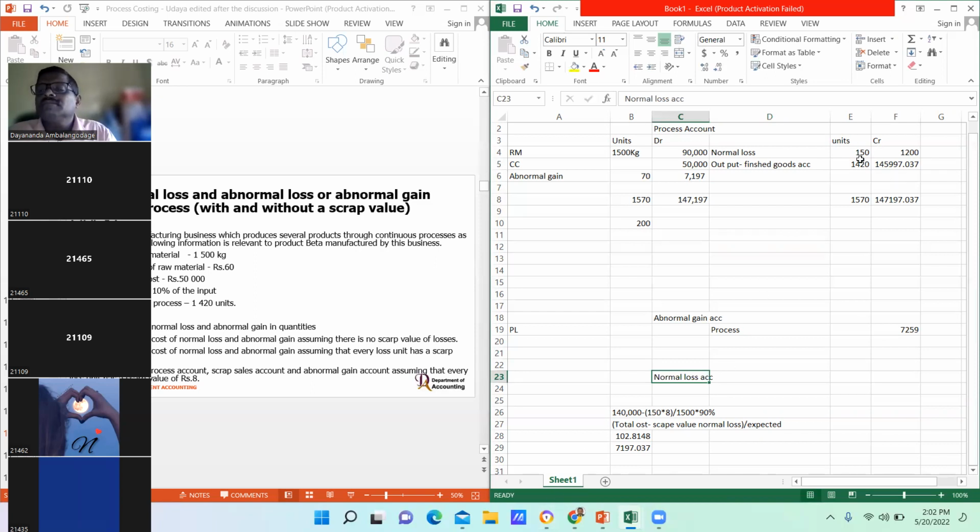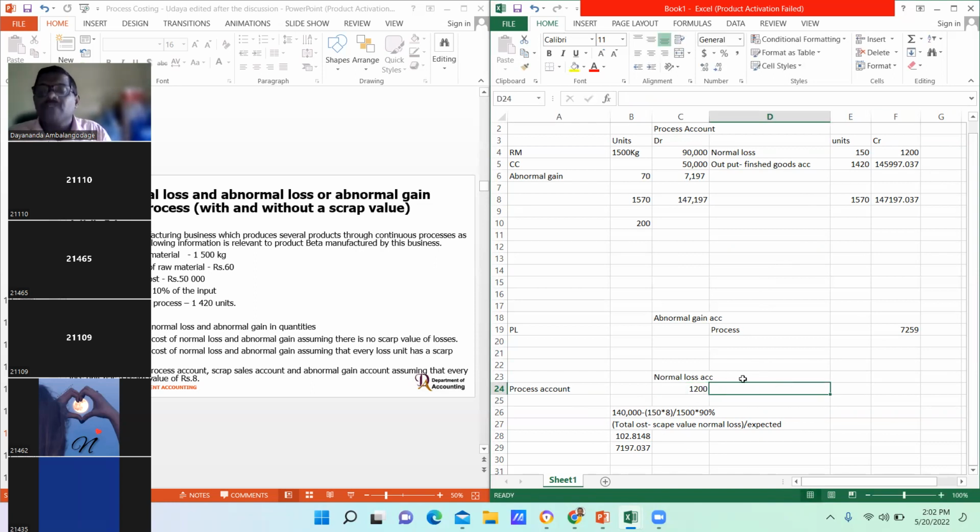Since we are getting this 1,200 from the process account, you debit it saying that process account. How much? 1,200. Okay.